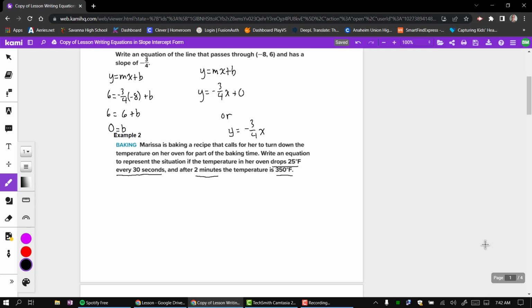So we want to start off with changing the seconds into minutes. So change 30 seconds into 1/2 of a minute. So now we've changed it. Now we want to find the slope.